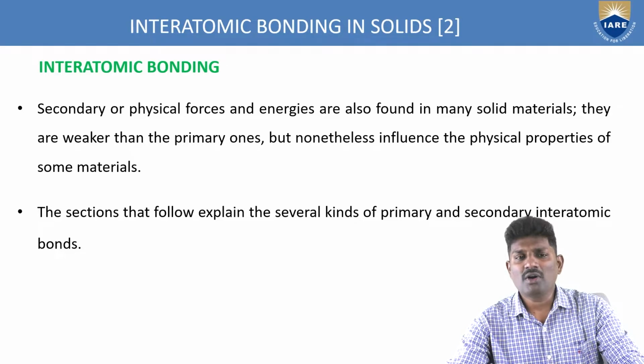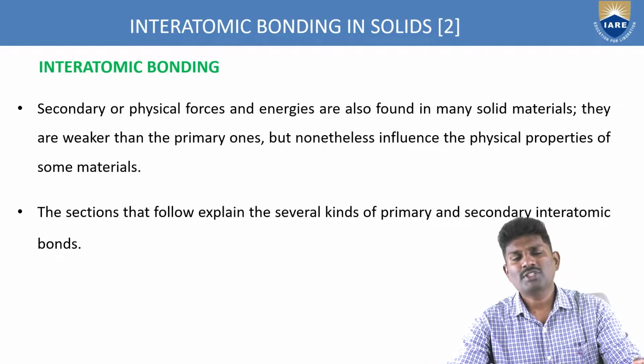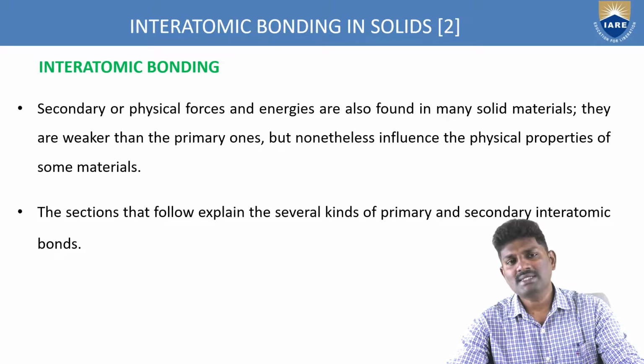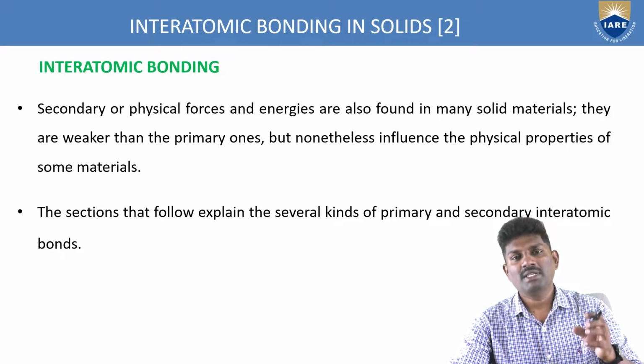The secondary or physical forces are also found in many solid materials, and these are very weak when compared with the primary bondings. Most materials have the primary type of bonding, but in some cases we can find the secondary type of bonding also, and this has a weaker bonding energy when compared with the primary bonding.